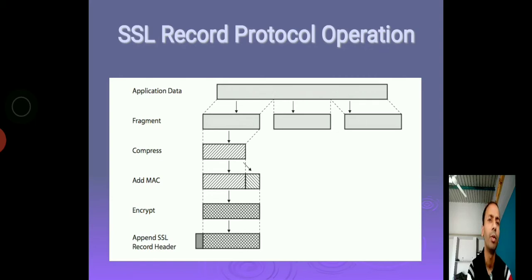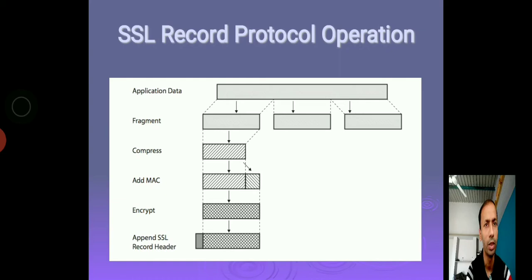Once it is compressed, you provide this compressed data fragment to the MAC. The message authentication code accepts your compressed fragment and creates one MAC, which is appended to that particular compressed fragment.